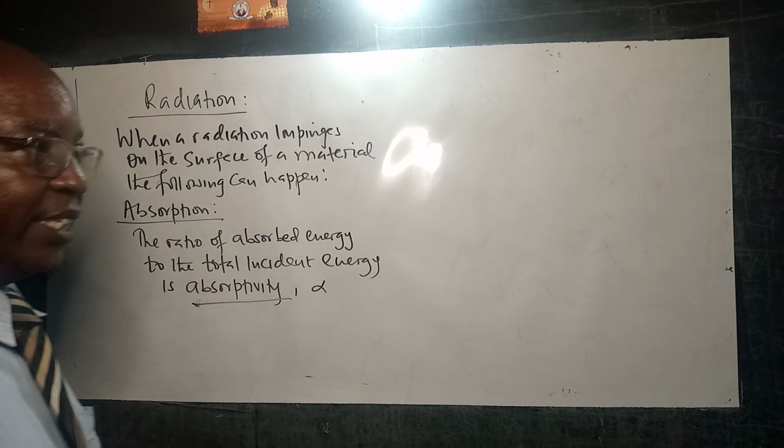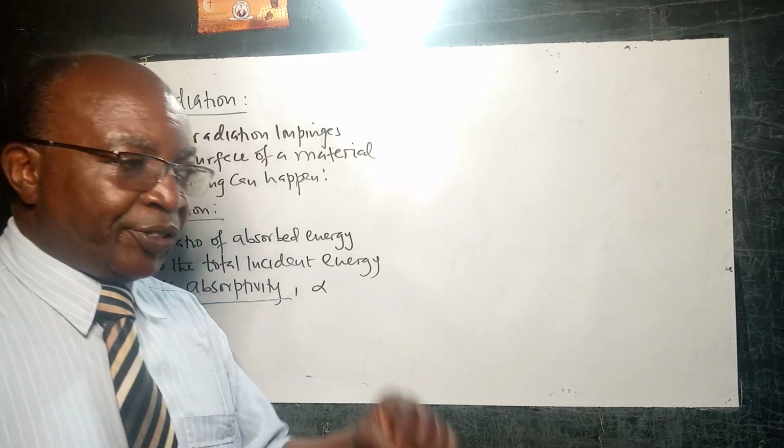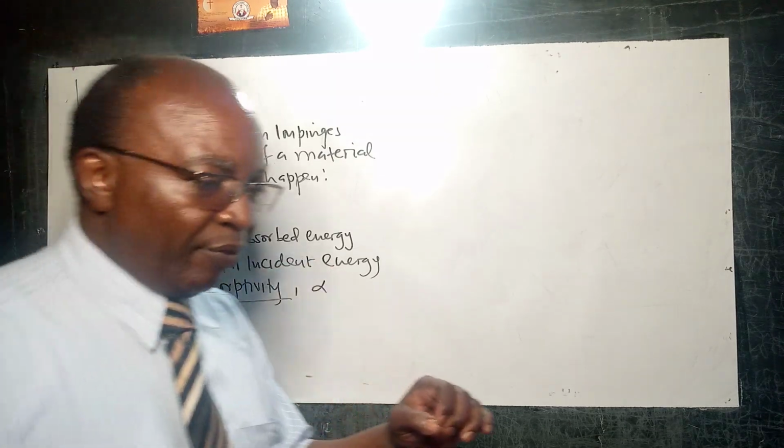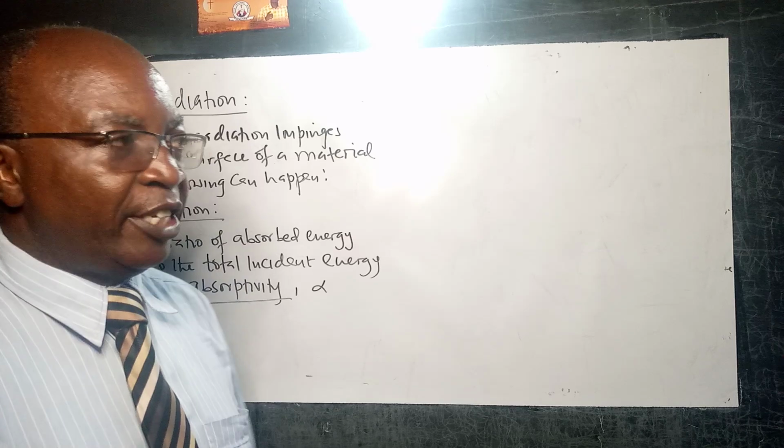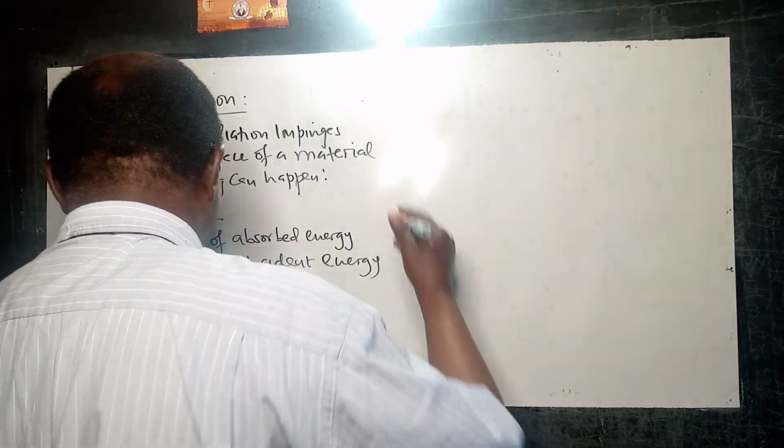The second scenario is a situation where we can have transmittance of the radiation through the material.